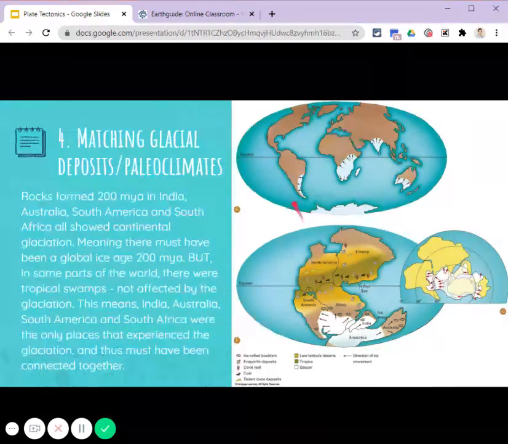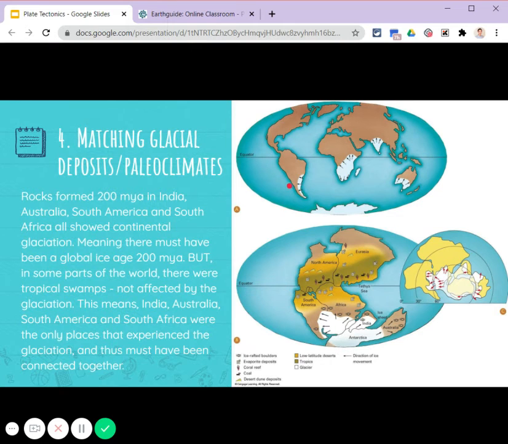And when they drifted apart, as you can see in the top diagram, they brought their ice composition with them. So if we are going to look at their ice composition at around 200 million years ago, we would also see that they would have approximately the same types of chemicals found in those ice.